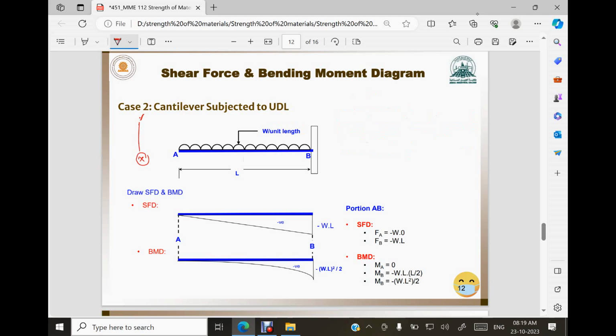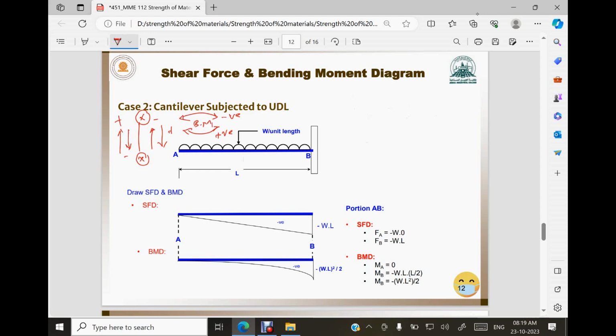Right side downward is positive. Left side upward is positive. And then left side downward is negative. On the right side upward is negative. And then bending moment is obviously like this. Downward bending moments are negative. Upward bending moments are positive. This is bending moment, is it not?